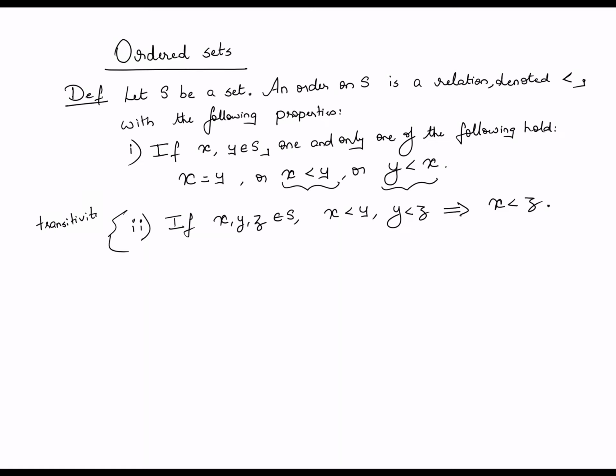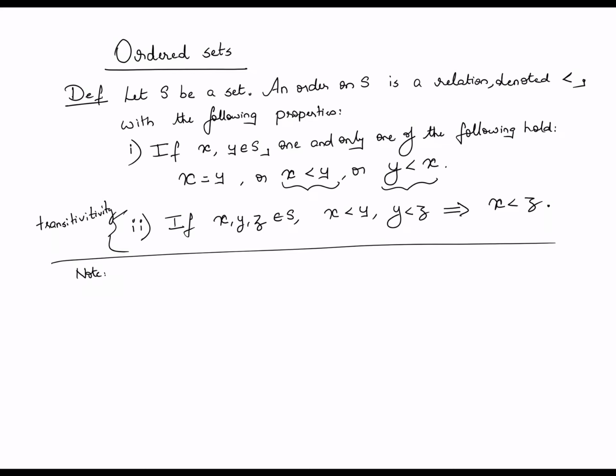Namely, if x is less than y and y is less than z, then your order should be such that x should also be less than z. This is, of course, the natural property that you would expect if order is defined in the conventional manner when it comes to numbers. But in the abstract definition of an ordered set, we impose this condition of transitivity in order for the order to be a valid one. Okay, so this is the definition of an ordered set.